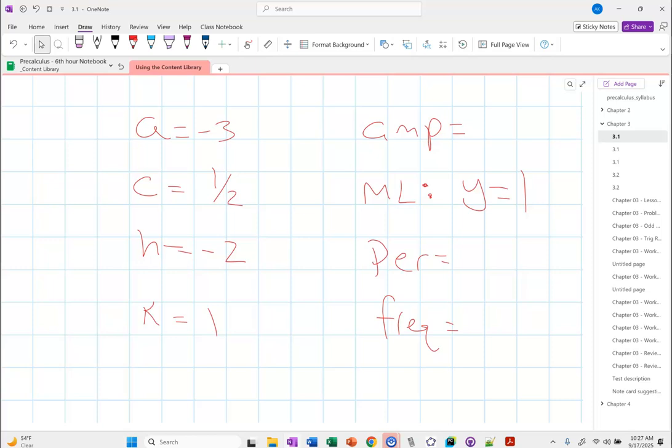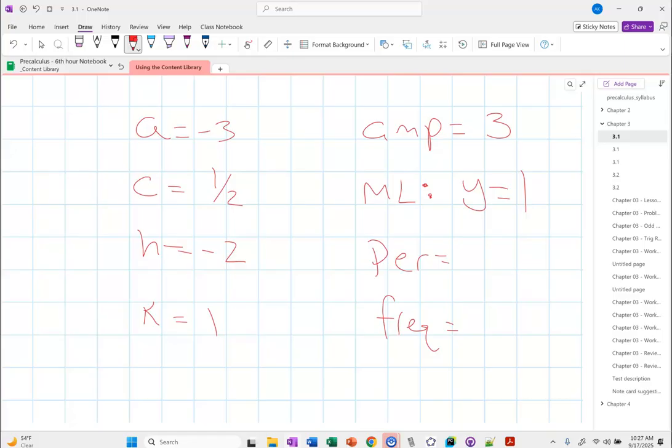It's not -3, but it's related to -3. It's +3. The amplitude is the absolute value of A. The absolute value of 3, or -3, is just 3. Everybody happy?